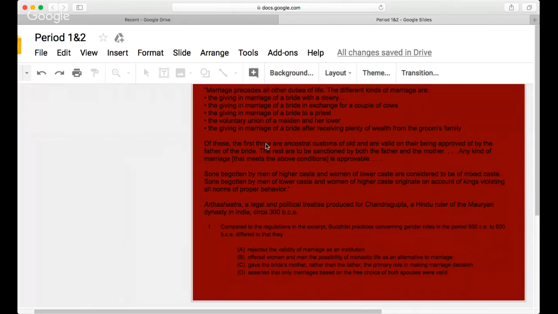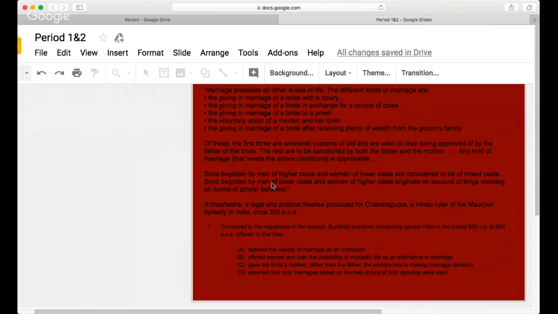So it says of these, the first 3 are ancestral customs, and that they're valued and they're good. And the rest are sanctioned by the father and mother. Any kind of marriage is approvable. Okay. So it looks like all these different types of marriages are good, but then it says, sons begotten by men of higher caste and women of lower caste are considered to be of mixed caste. Sons begotten of men of lower caste and women of higher caste originate on account of kings violating all norms and proper behavior.